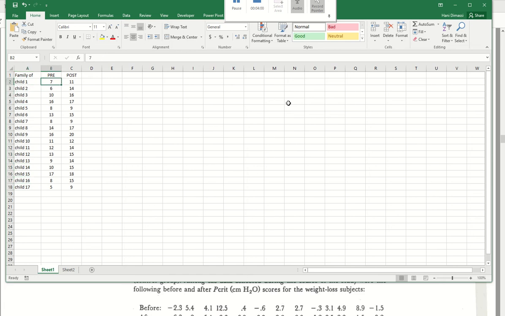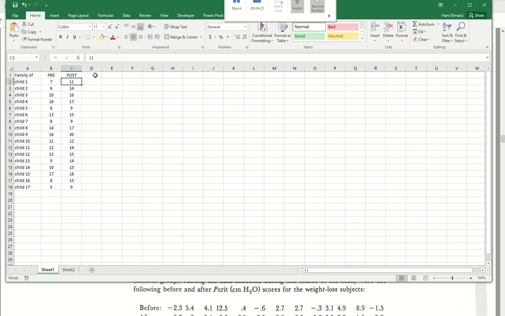And I just copied the pre-value of these 17 families, and I copied the post value of these 17 families. Now notice what is interesting here, is that for every family, for every member, you have a pre and a post.